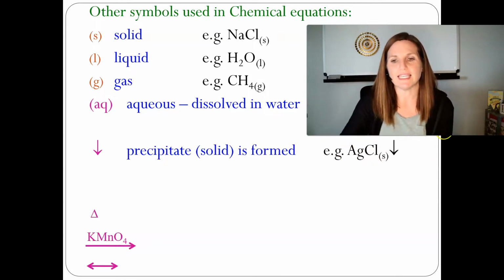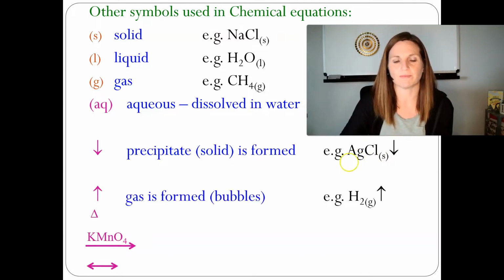So if we see this symbol with the arrow down on the product side, that could be an indicator to us that we have seen, in fact, a chemical reaction. Alternatively, we sometimes get an arrow up, and the arrow up indicates that we are forming a gas or bubbles are forming in the solution.